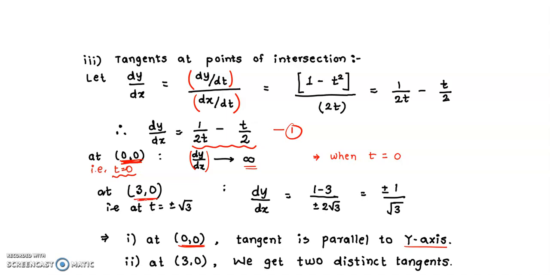Now at the x-intercept (3, 0), the value of t is equal to plus or minus root 3. We substitute that value here and get both positive as well as negative, so we get two distinct tangents at this point (3, 0).